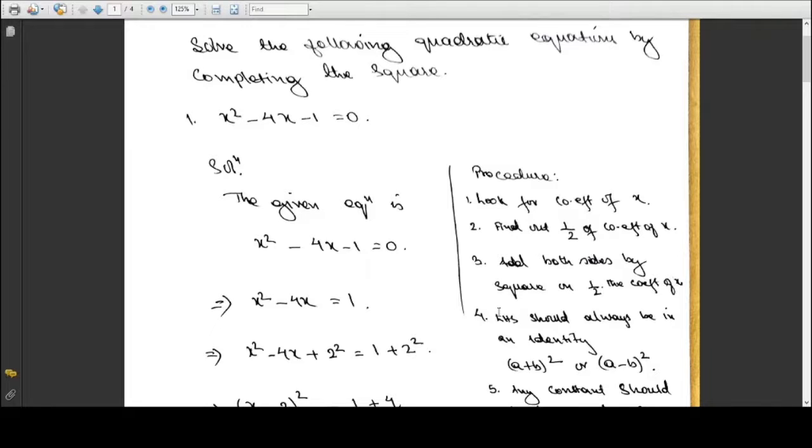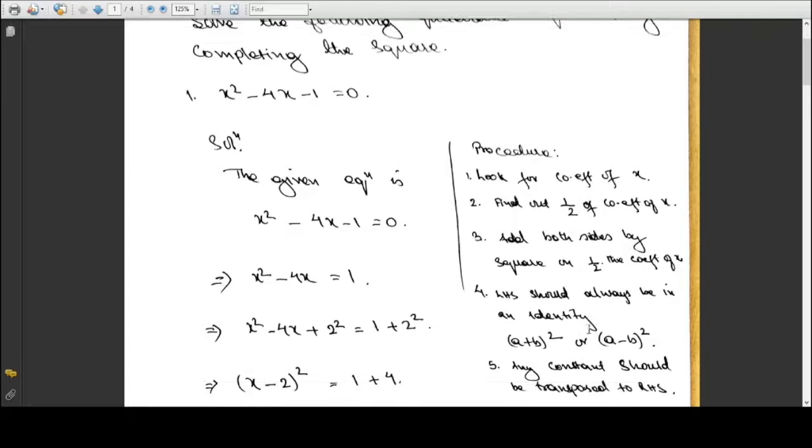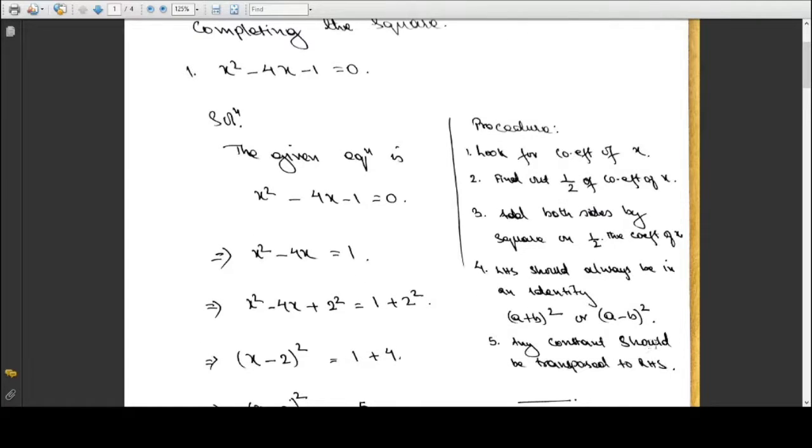This means the left hand side should be in the identity of (a plus b) whole square or (a minus b) whole square, depending upon whether the second term is plus or minus, and any constant should be transposed to the right hand side. This is the procedure for solving such problems.